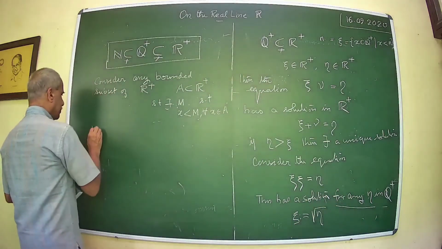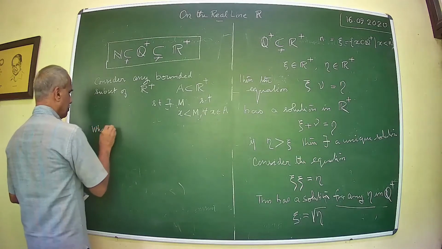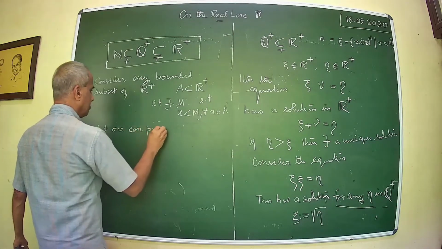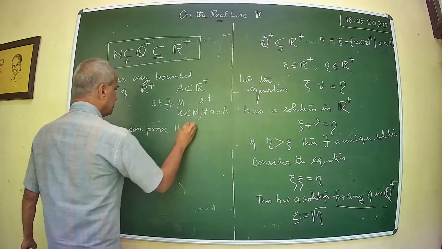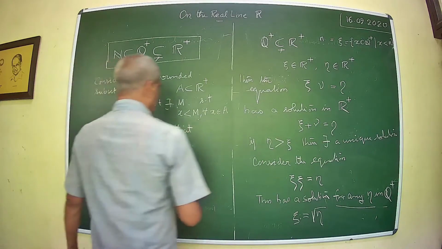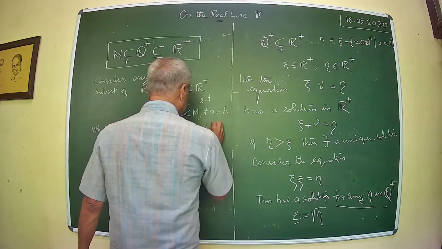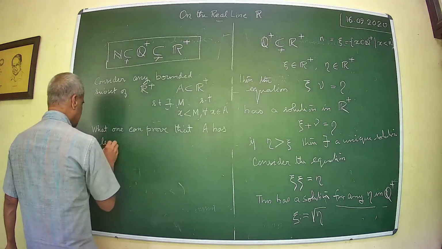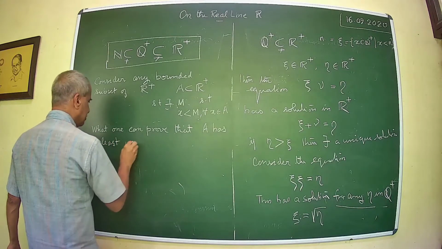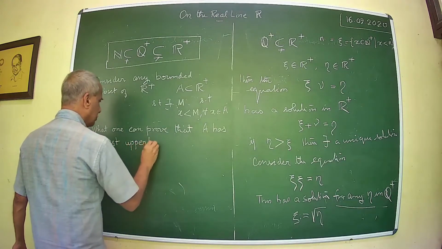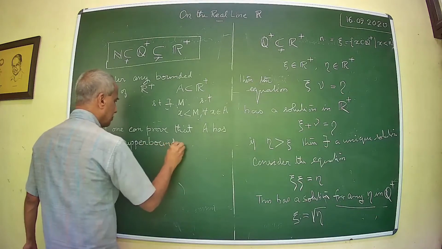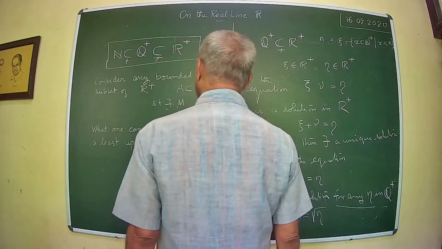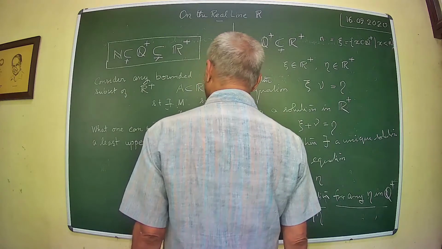What one can prove is that A has a least upper bound.